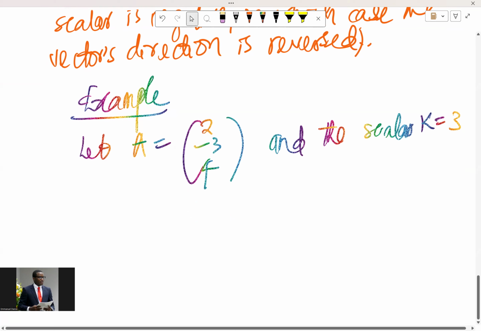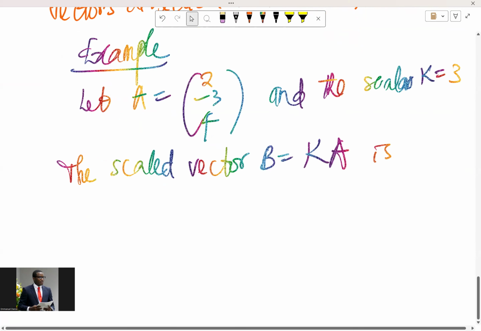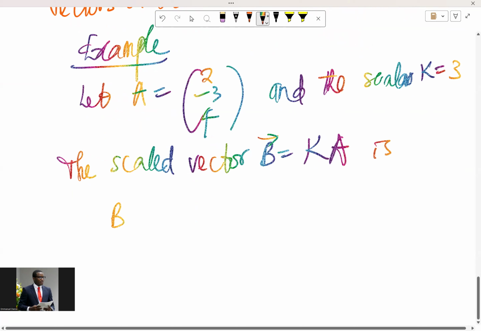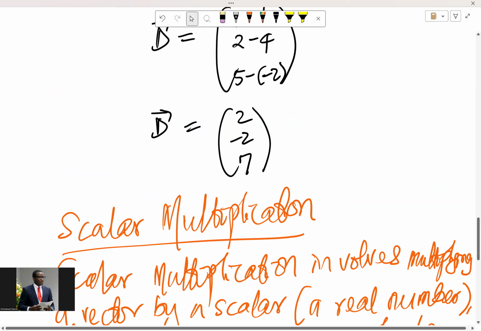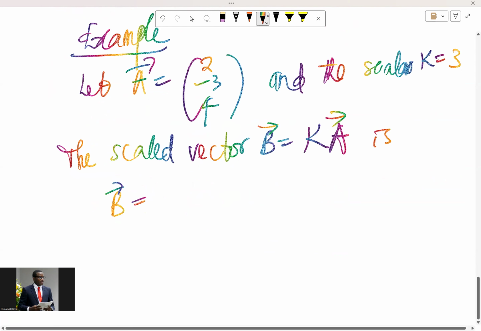So the scaled vector B, which is equal to kA, would actually be B. Let's not forget that we are dealing with vectors, so the arrows are important. So B is kA, right? k does not have an arrow because it is a scalar.